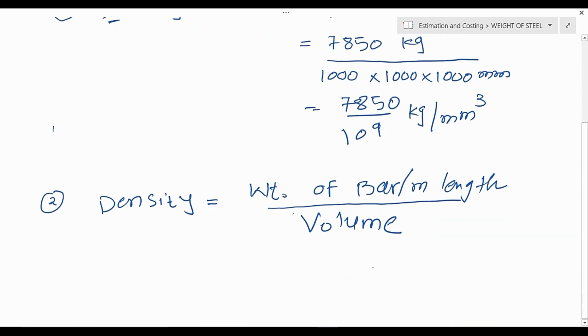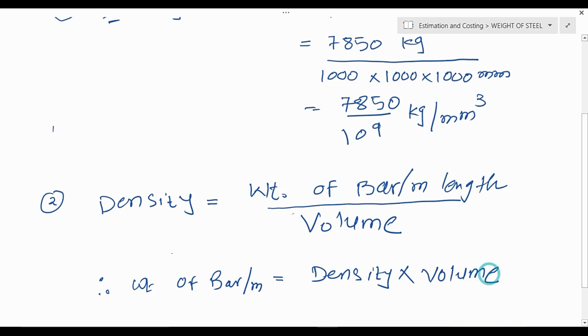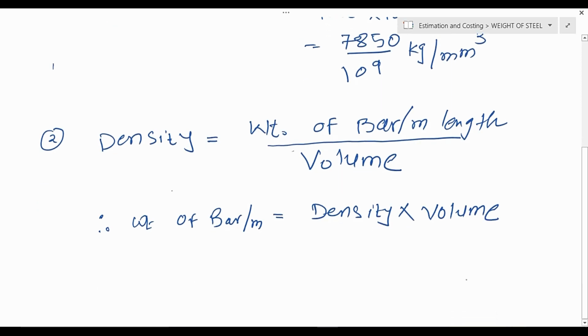This is the equation of density. From this we can find the equation of the weight of bar per meter length. Therefore, weight of bar per meter length is given by density multiplied by volume.